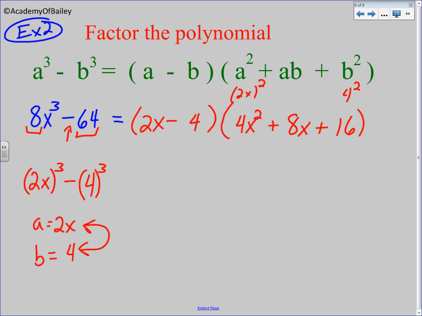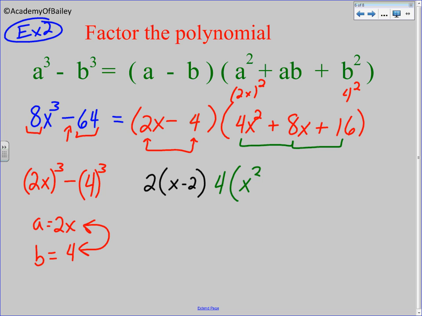But let's look here. I know that out of 2 and 4, I can factor out a 2. So when I pull the 2 out, it comes outside of the parentheses, leaving me with x minus 2. And then out of 4, 8, and 16, I can pull out a 4. And that leaves me with x squared plus 2x plus 4.